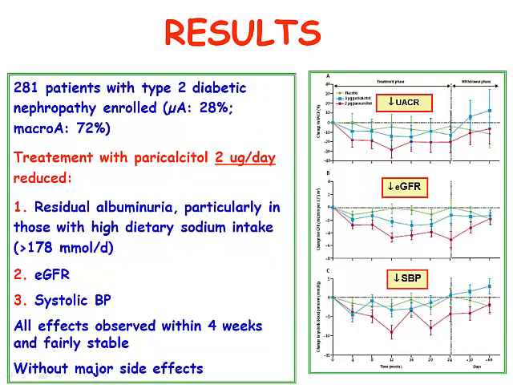You see that the use of 2 micrograms per day of paricalcitol actually reduced albuminuria, particularly in those with high dietary sodium intake, reduced estimated GFR and high systolic blood pressure. All effects were observed within 4 weeks and were fairly stable without major side effects.